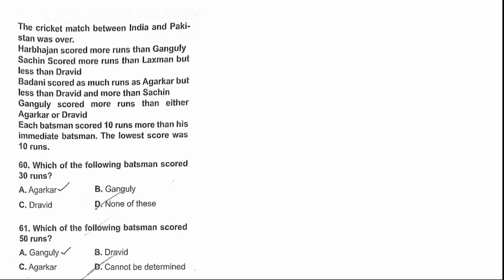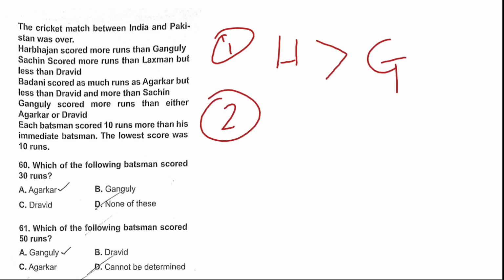Next question says, okay. In most of the reasoning questions, you have to do it partwise. If you do it partwise, in the order of the chronology, then the questions will be solved easily. So the cricket match between India and Pakistan happened, and this is the narration they have presented. The first one says Harbhajan scored more runs than Ganguly. Then second, Sachin scored more runs than Lakshman but less than Dravid.